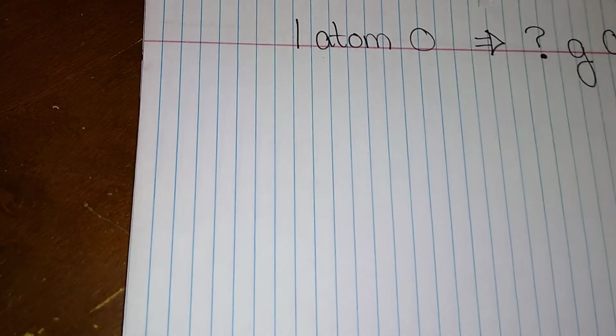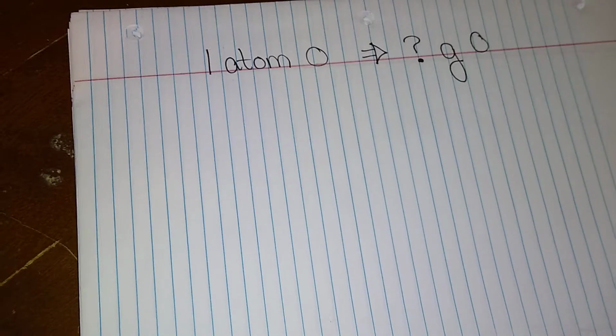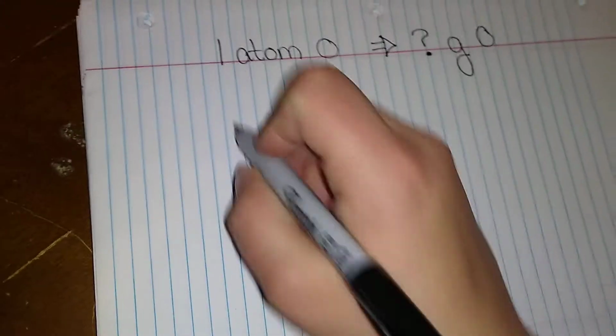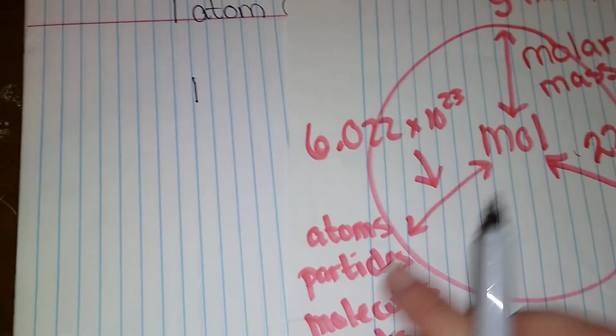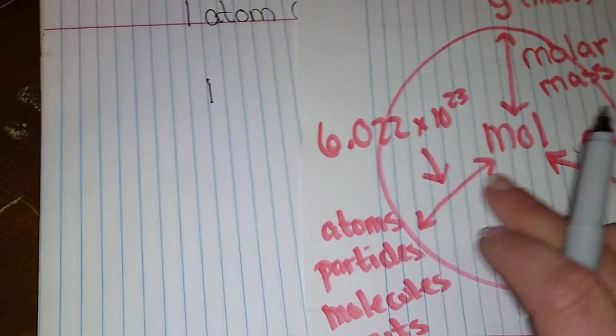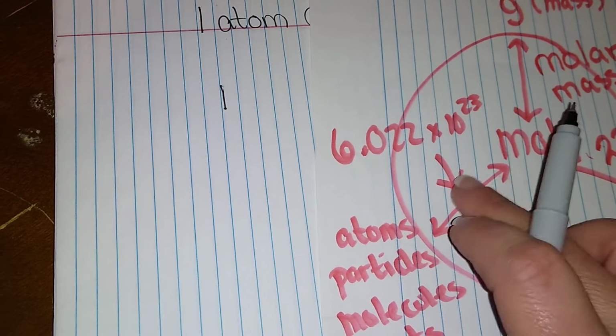By the way, you need to have out your periodic table as well, because you're going to need that. The first thing you do is start out with one atom of oxygen. You always write down your given number. When we are going from atoms to moles, we go through 6.022 times 10 to the 23rd.